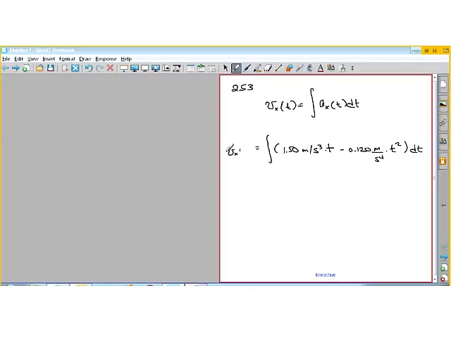So we integrate this, and the integral of t is t squared over 2. So we're going to hit t squared and divide that by 2.